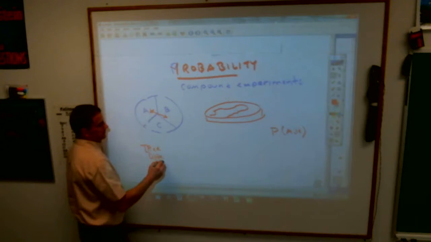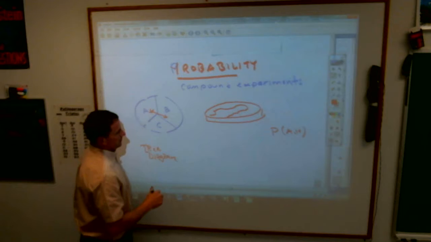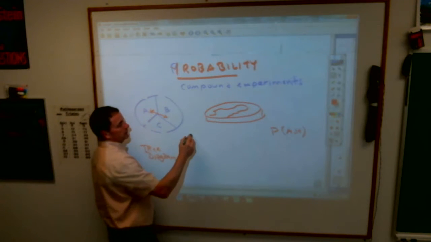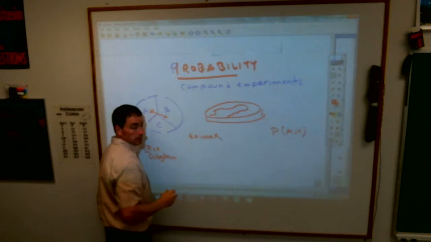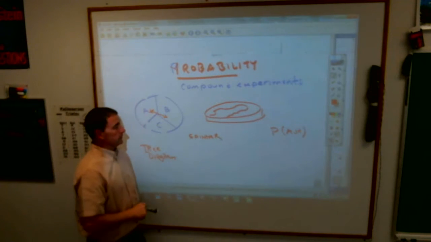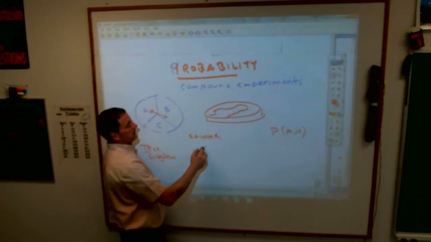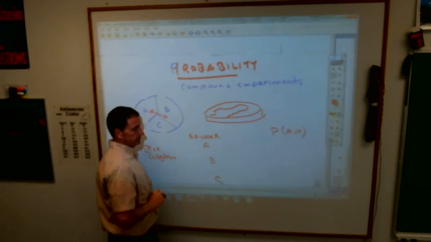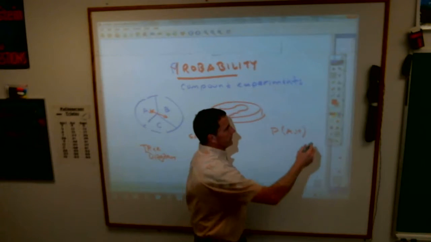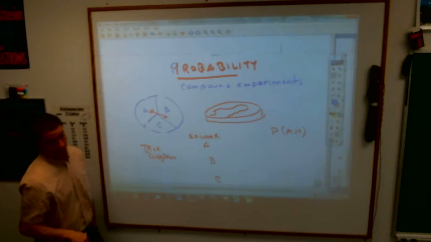They call it a tree diagram because it looks a lot like a tree. So you've got your spinner first. What are your different possibilities when you spin this thing? You can either spin an A, a B, or a C. And then off of that, you can show the possibilities of what you could do after that.